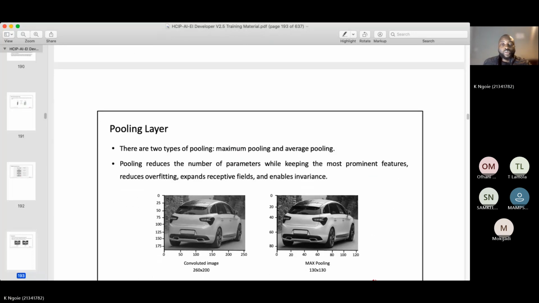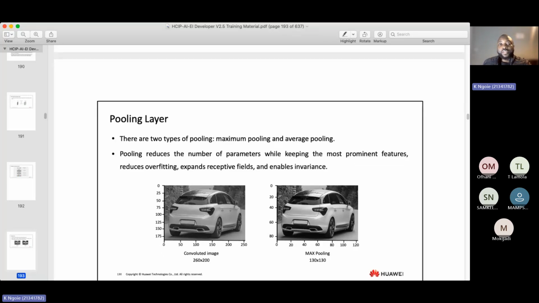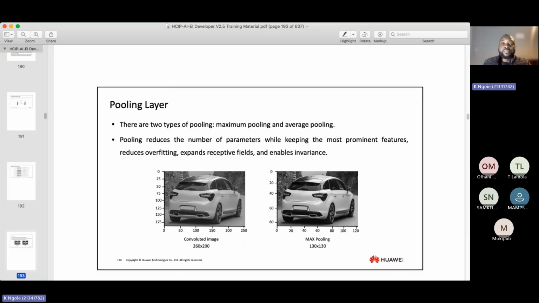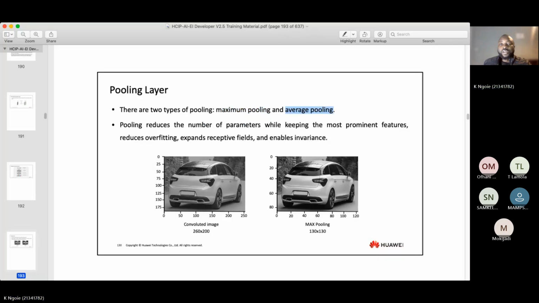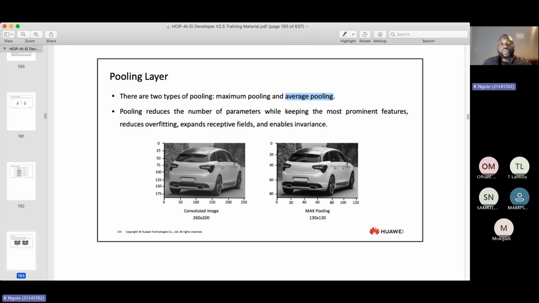Okay, and then from the convolutional layer, we have the pooling layer. In the pooling layer, we have maximum pooling or average pooling. Maximum pooling means that on that portion of the picture, we take the maximum of the pixel values, which will be used for that area.